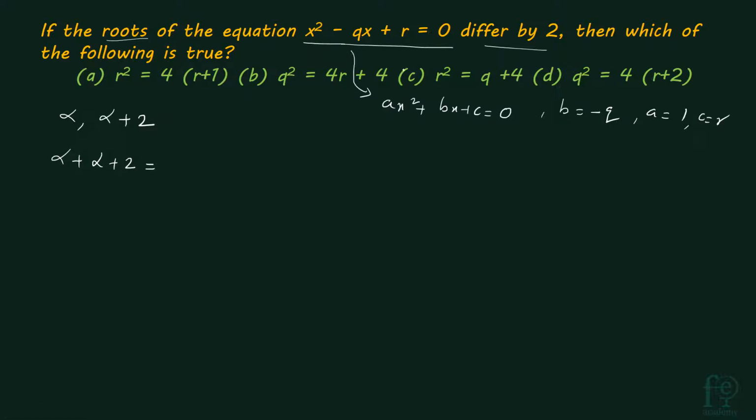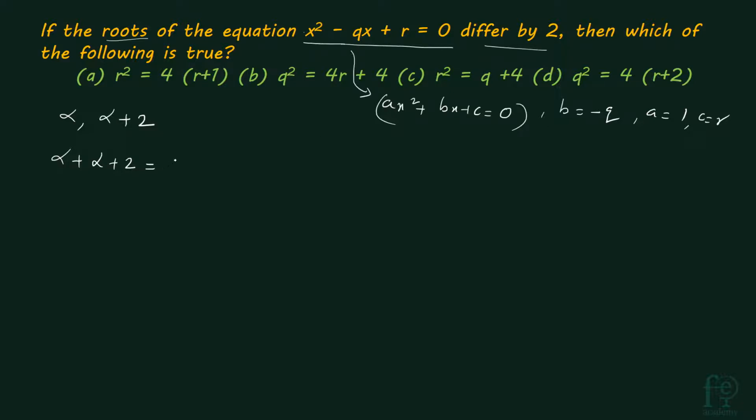We are just writing the values of a, b and c from the general expression ax square plus bx plus c is equal to 0. We know that the sum of the roots of the equation is equal to minus b by a.